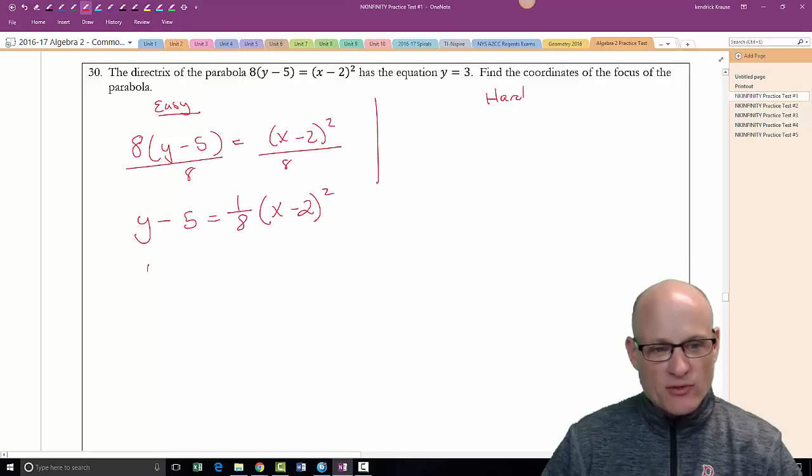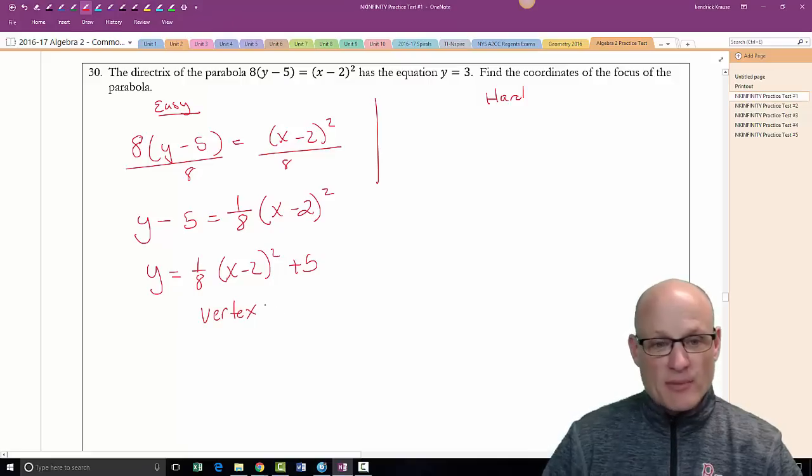Well, I just have to get y by itself. So y is equal to 1/8 (x minus 2) squared plus 5. So my vertex, because this is vertex form of a parabola, my vertex is 2, 5. Remember, it comes out opposite and stays normal. Opposite, normal. So there's my vertex.